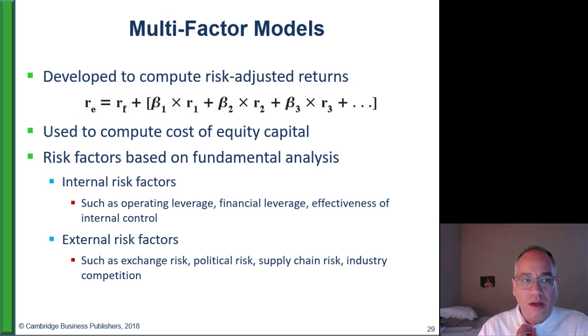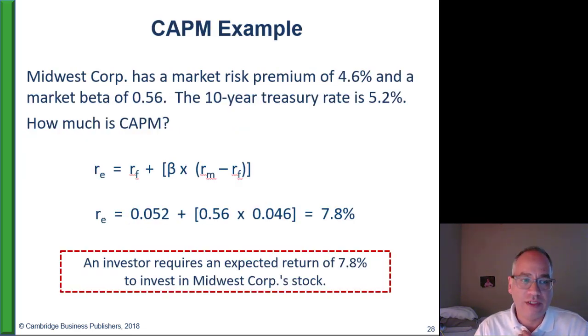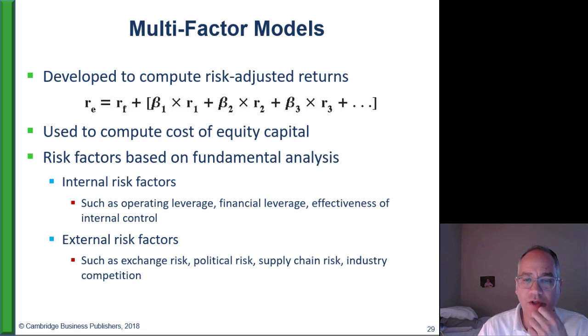Now, this is what we call a single-factor model, because beta is based on a single measure. But what you could potentially have are what are called multi-factor models, which is really beyond the scope of this class, but something to be aware of. If you can identify different risk factors, you can assign a beta to each risk factor and get a more accurate measure of what the expected rate of return would be.